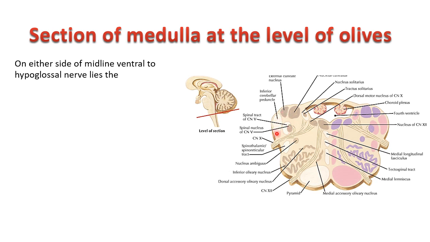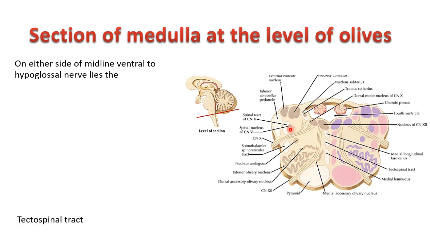So in relation to the inferior cerebellar peduncle, you will see the cochlear nucleus, and the spinal nucleus of trigeminal nerve. The spinal nucleus and tract of the trigeminal nerve is actually the upward continuation of substantia gelatinosa.